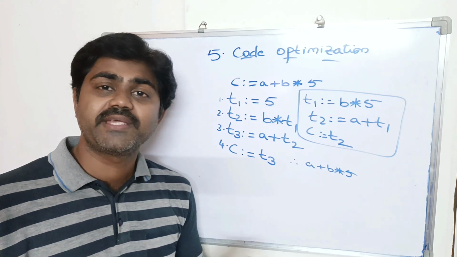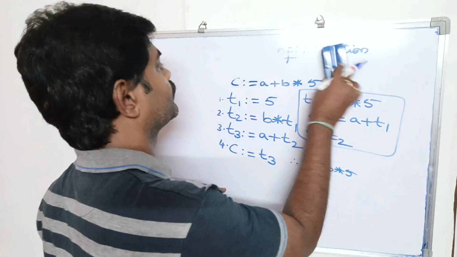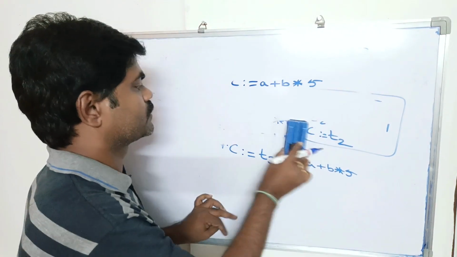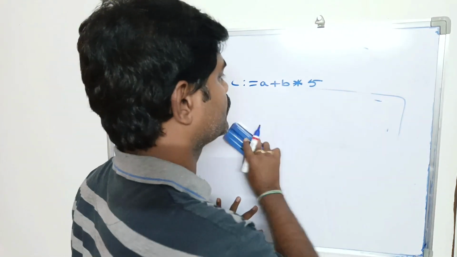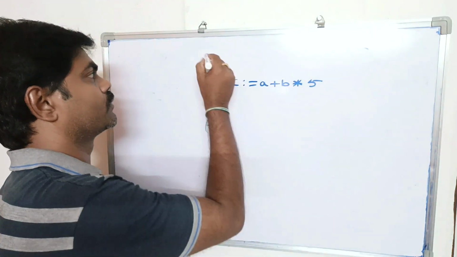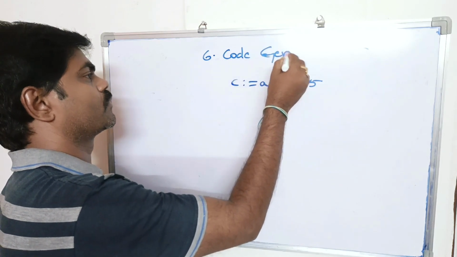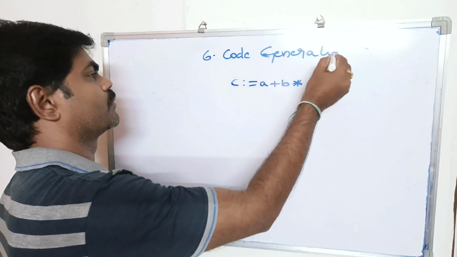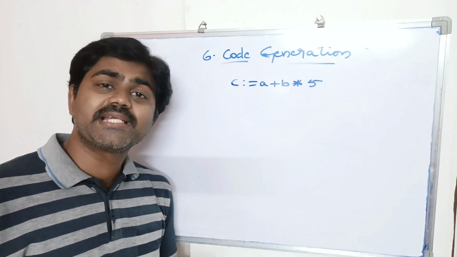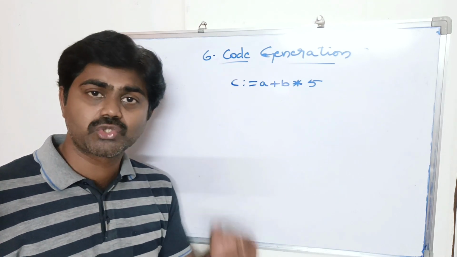And the last phase is code generation. So in code generation, we'll use instructions to represent our source input.